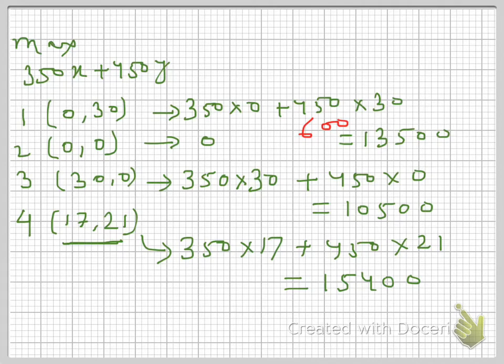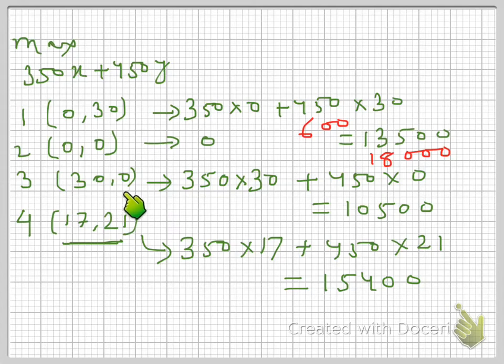then the profit, this 13,500, will become 600 multiplied by 30, that is 18,000. In the second case, 0, 0, we are not producing product B, so there will not be any change in the profit value.